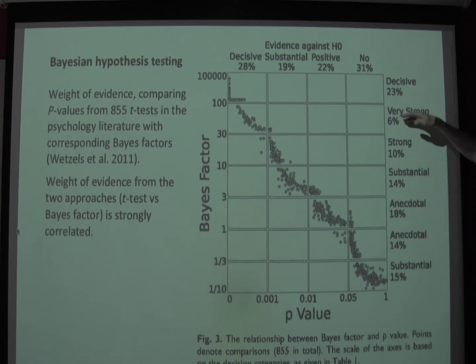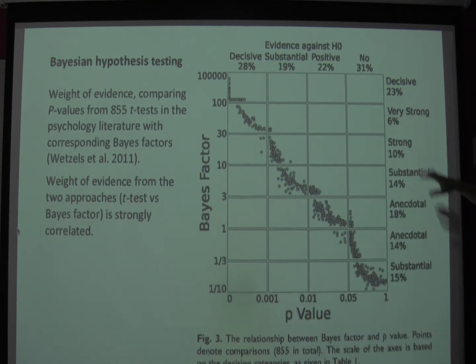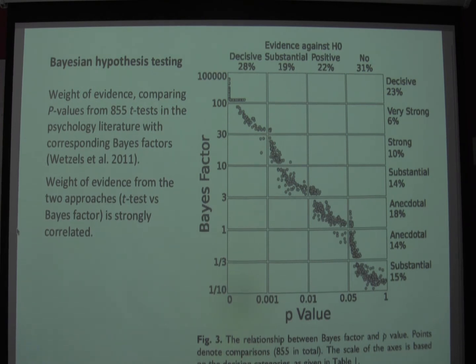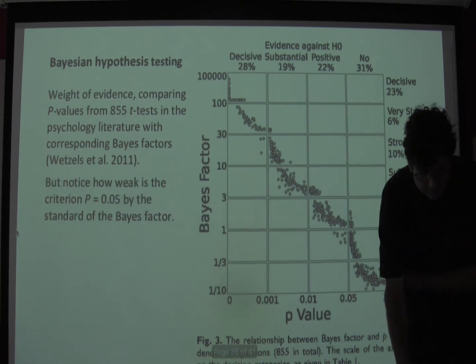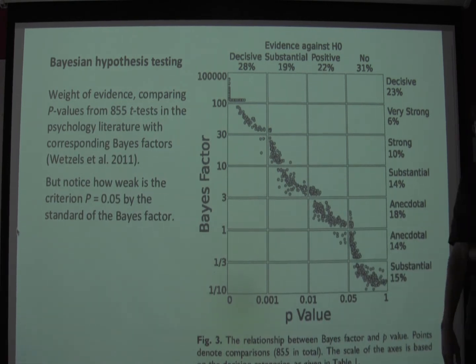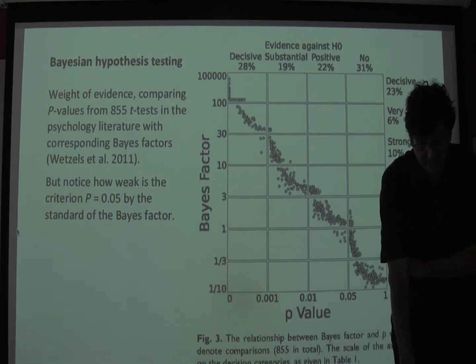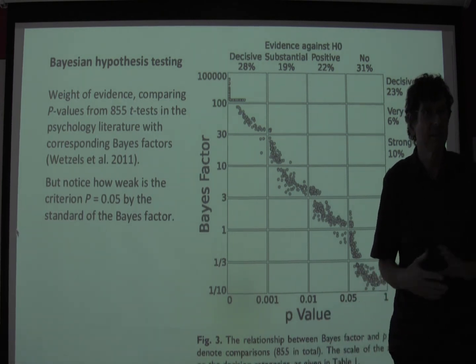And it's not till we start talking about 0.001 that we're getting up into the range of strong evidence for the alternative hypothesis. So the upshot of a lot of these discussions is now, okay, we're not going to convince the world to go Bayesian.